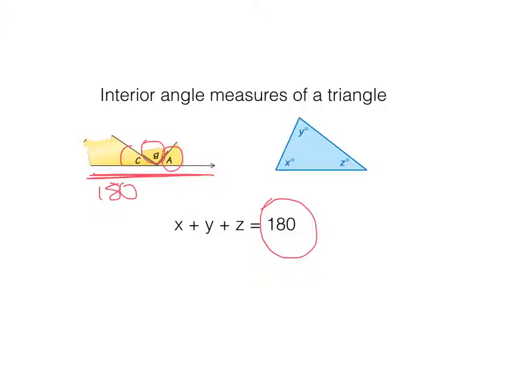If we want to write that algebraically, we can say that a particular angle is x, another y, and another z, and that x plus y plus z equals 180.